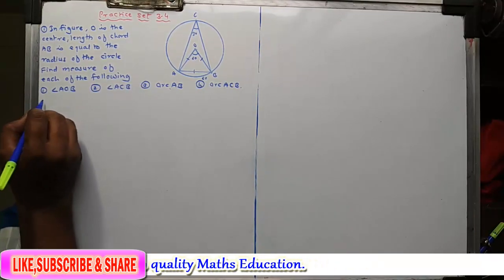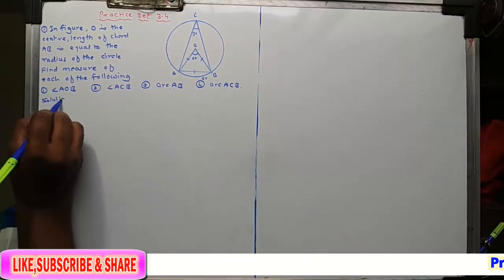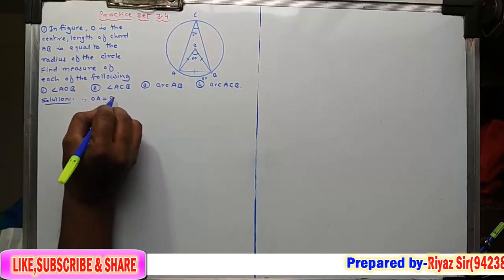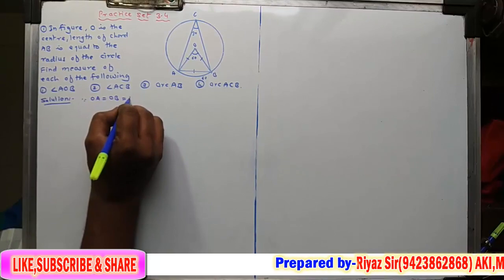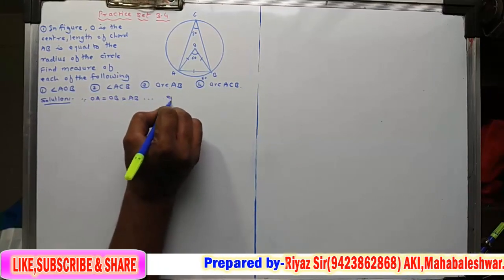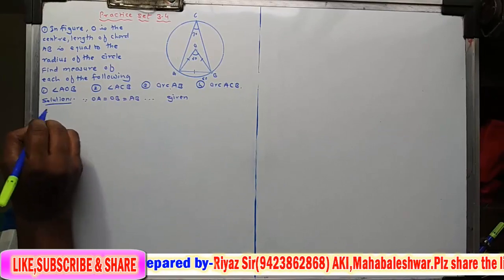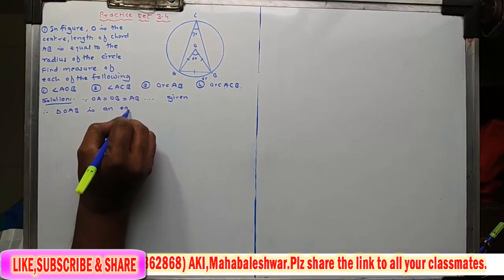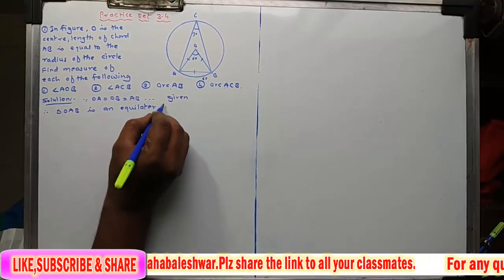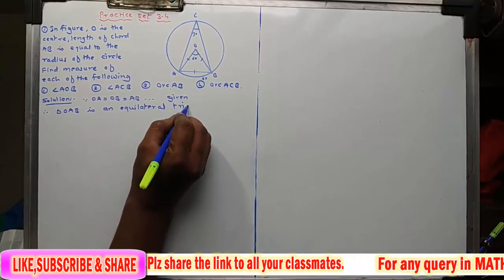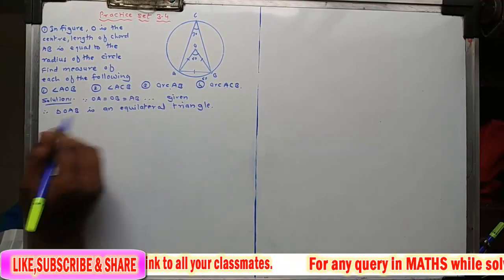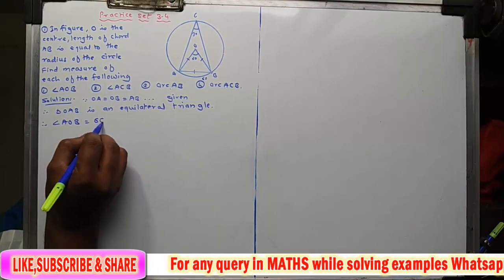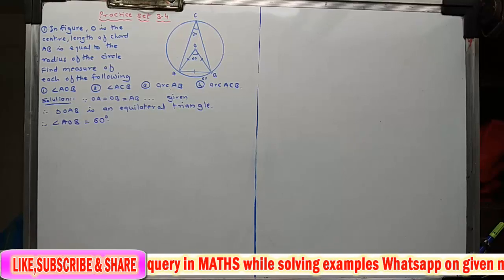Okay, we'll start the solution. Since OA is equal to OB is equal to AB, it is given. Therefore triangle OAB is an equilateral triangle. Therefore angle AOB is equal to 60 degrees, by the definition of an equilateral triangle.